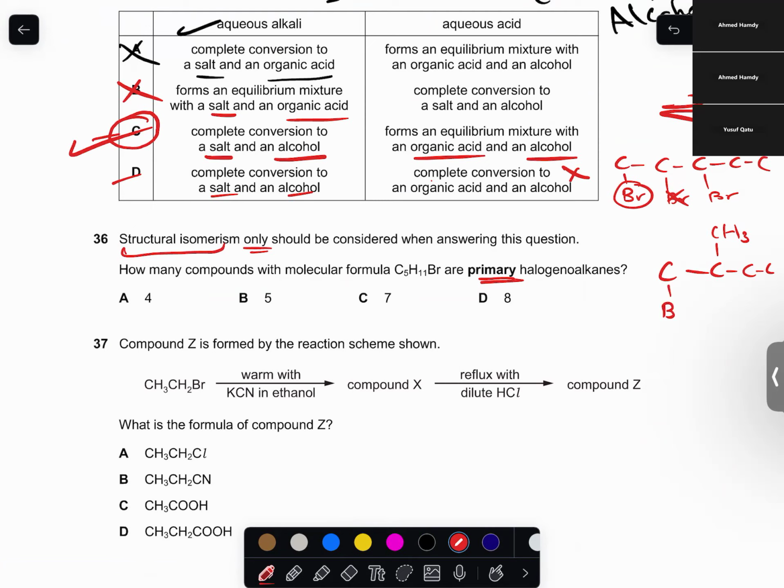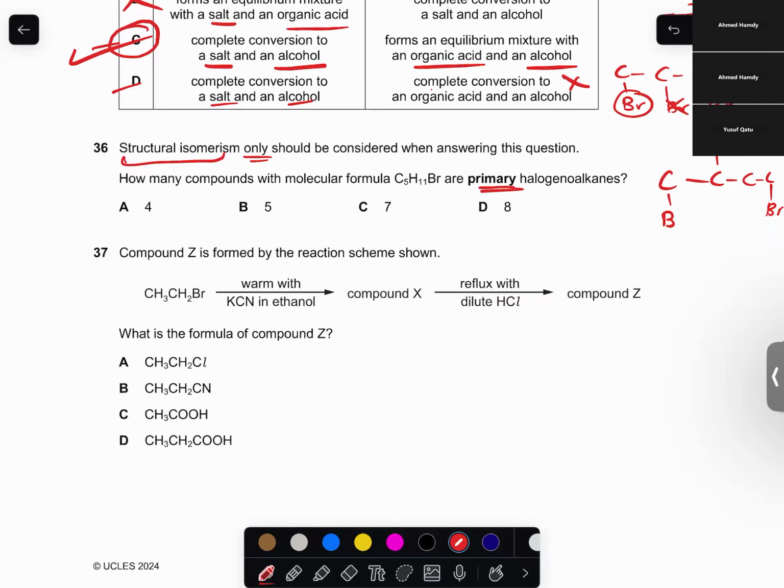Or we put it here; it could be a primary halogenoalkane. So we have till now 3. Or we can put it here and it will be a primary halogenoalkane. So totally we have 4: 1, 2, 3, 4. In all of these cases, it will be a primary halogenoalkane.